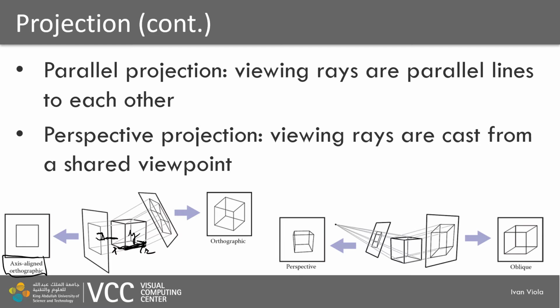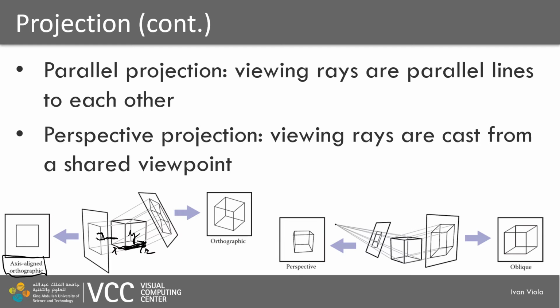If the direction of projection on the viewing plane is different from the normal of this viewing plane, then we will be talking about oblique projection. Still a parallel projection, but from an oblique angle, so to say.